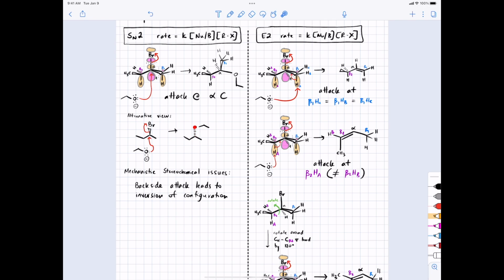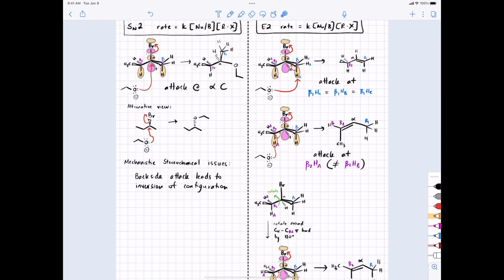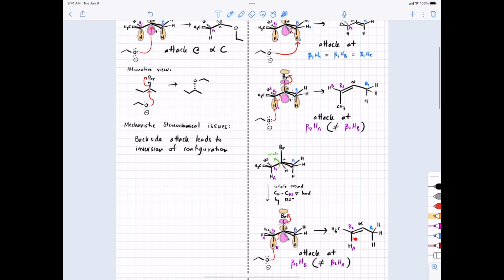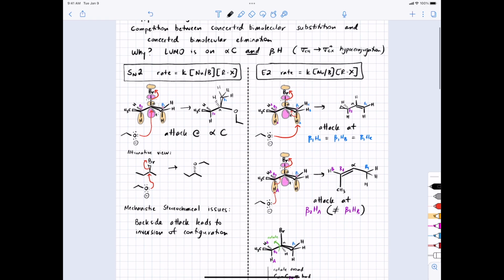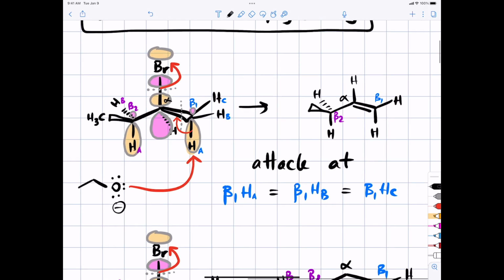That is, you'd have to show inversion of configuration, and you would need to show all three of these elimination products. This, because there's only one non-hydrogen group on the alkene, we'll call a mono-substituted olefin.